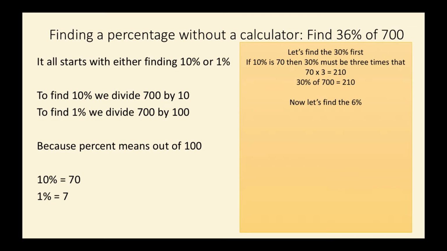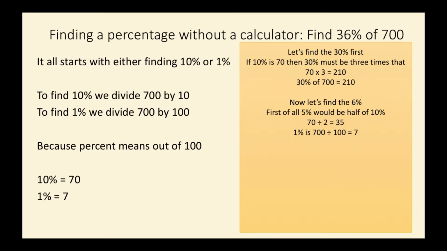Now let's find the 6%. First of all, we can find 5%. Now that would be a bit easier than using the 1%. Sometimes we'll do it this way and then I'll show you the 1% way. So let's find 5%. So 5% would be half of the 10%. 10% was 70, so if we divide that by 2, it gives us 35. So that's our 5%.